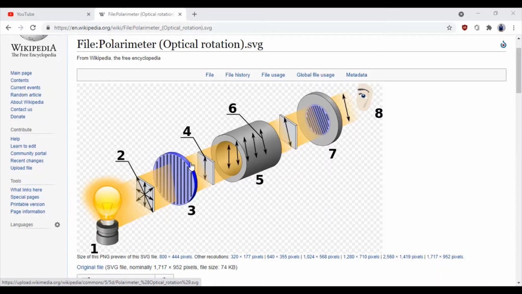It won't be the same 90 degrees as we observed just after it was created when the unpolarized light was passed through the polarimeter. So this plane polarized light, which has its vibrations in one particular axis, like 90 degrees with respect to the x-axis, will be either rotated towards left or rotated towards right. If the plane of vibration of the plane polarized light is rotated by an optically active compound, the phenomenon we observed is known as optical activity.